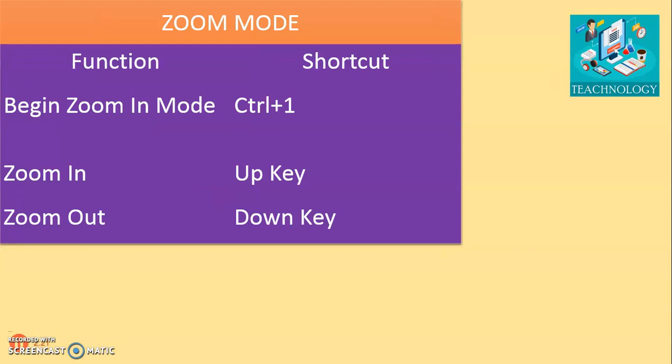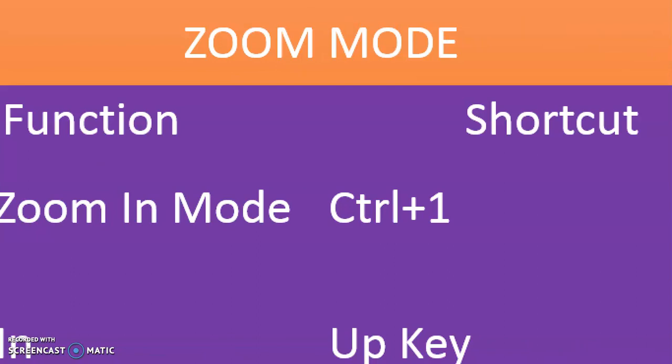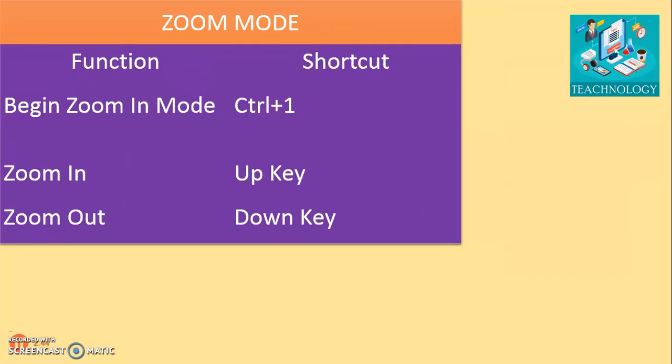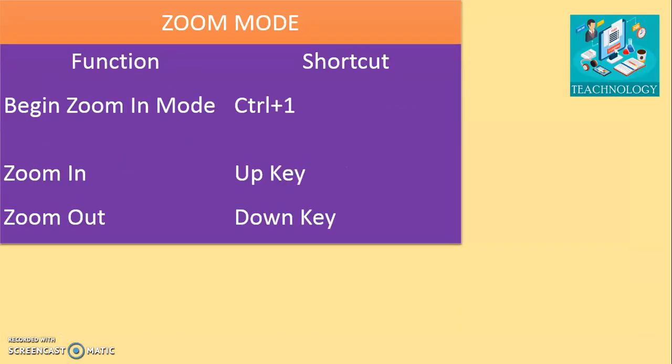That is pretty basic. This is the first mode that you get in Zoomit application, zoom mode, Ctrl+1. You can zoom, up key, zoom in further, down key, zooming for zooming out. If you want to exit any mode, simply click escape, or simply click the same shortcut Ctrl+1 for exiting zoom mode.